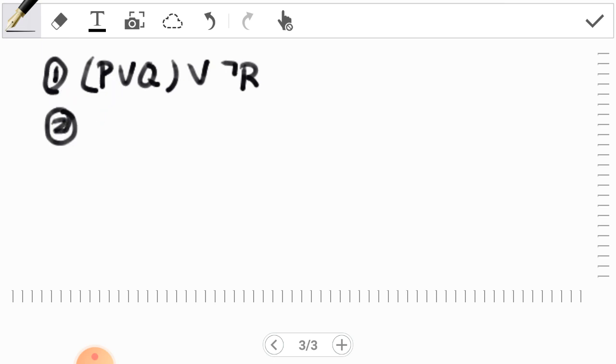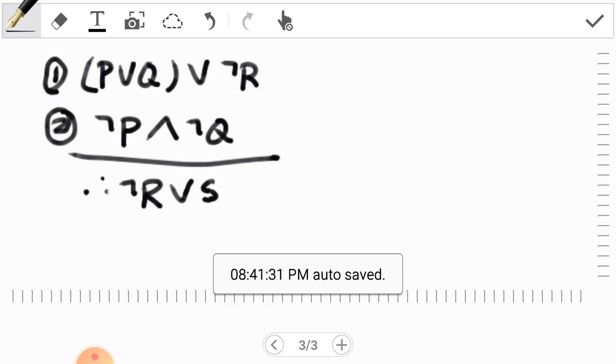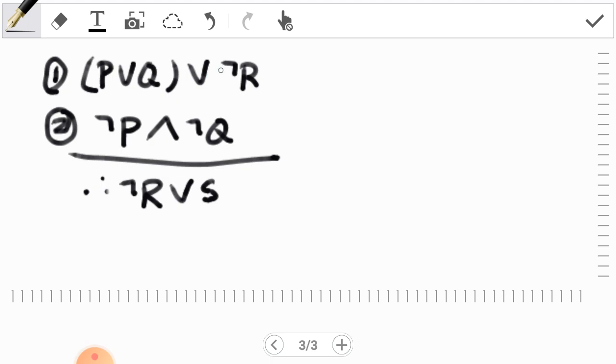Second premise is not P and not Q, with the conclusion not R or S. Not R or S. So many of you were asking, is the third problem in the assignment correct? Because we do not find an S in our premises.